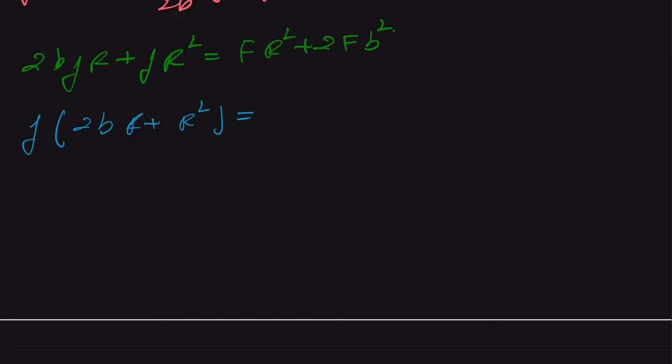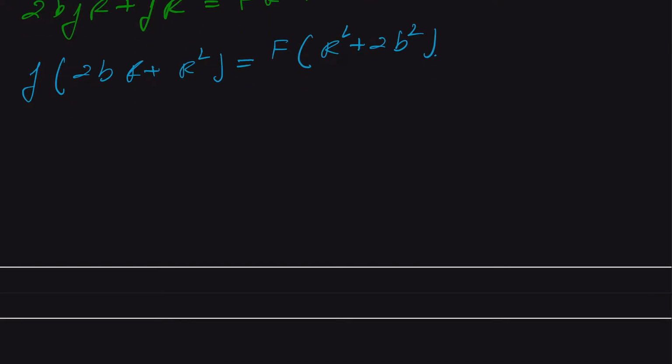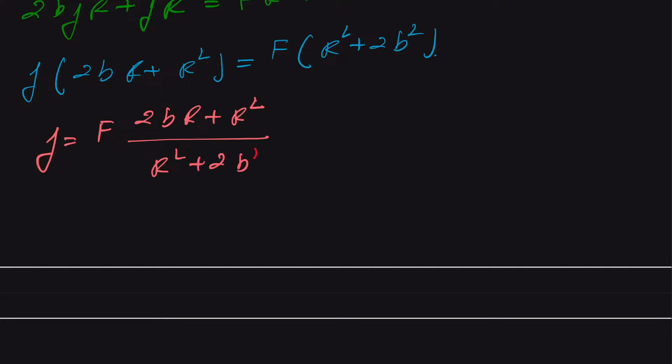So from here we can take f as common, so this comes as our R square plus 2B square, and this gives us that the value of frictional force will be equal to F, and this is our 2BR plus R square, and divided by R square plus, sorry, reverse.